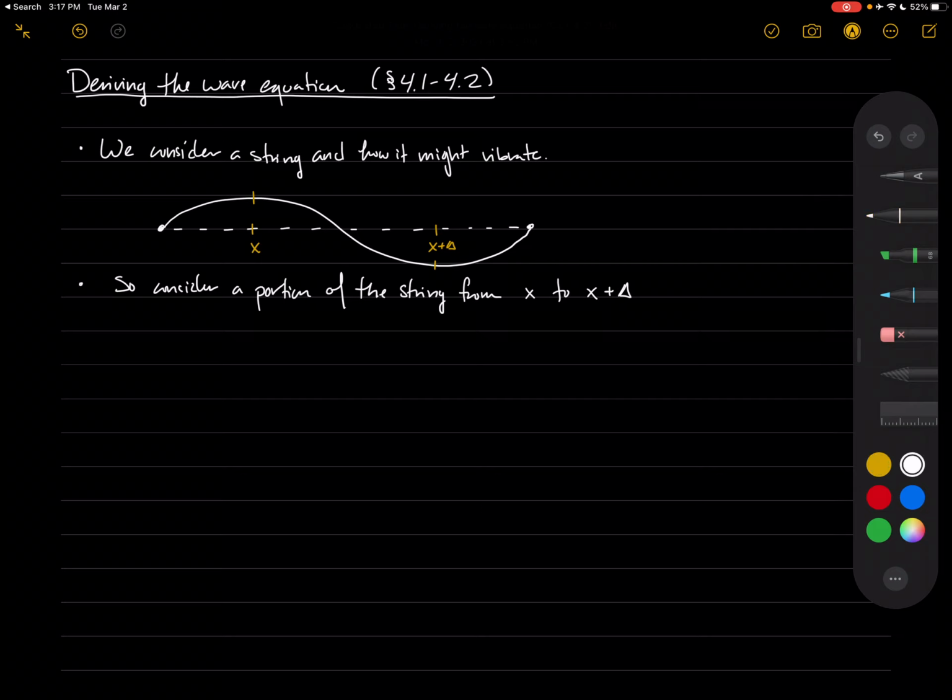And before we go any further, I want to make clear the assumptions that we make. So we're going to make the following assumptions, which are definitely false, but approximately true.